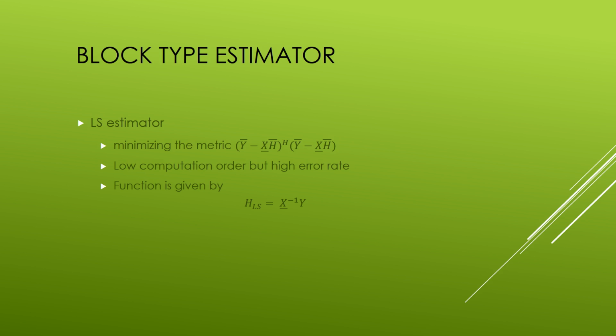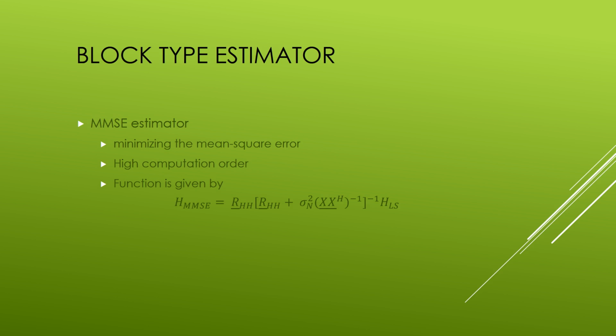The estimation function of the LS estimator is shown in this equation. As we can see, this equation is so simple, and so it results in low computation order, but it also results in high error rate.